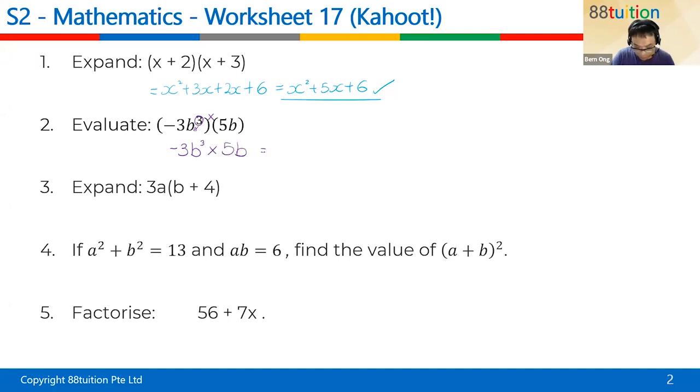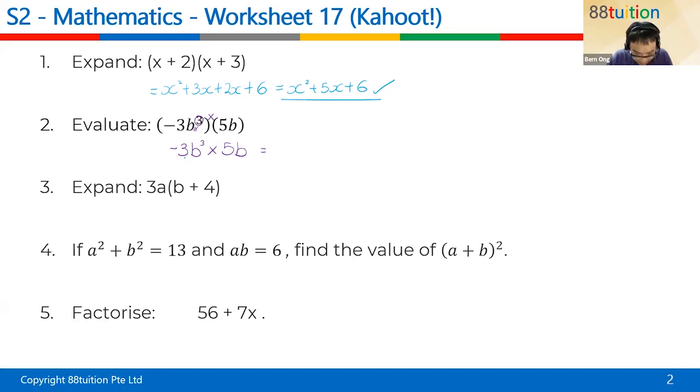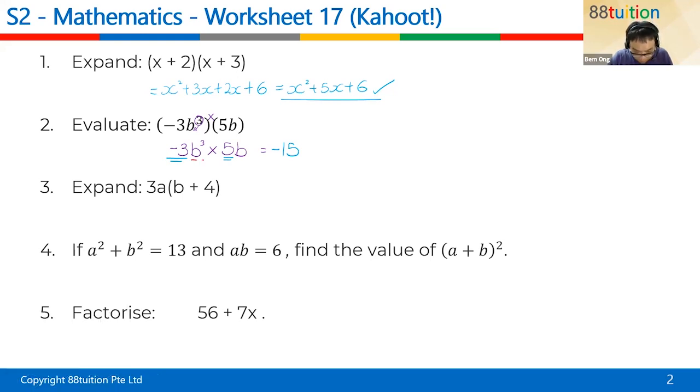Remember that the cube is only for the B. I read this as negative 3 times 5, which is negative 15. Then the next portion will be B cubed times B. So I do number by number, alphabet by alphabet. B cubed times B is actually B to the power 4, and that's your answer.